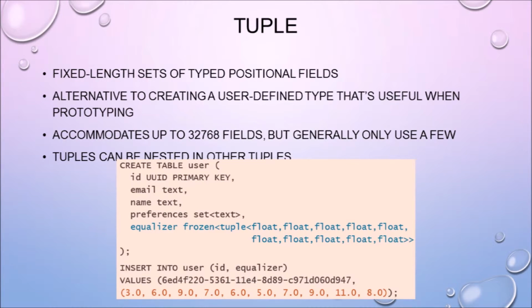Then comes tuple. Tuple is also another place where you can nest a collection within another collection. Let's say you want to record a series of numbers for whatever reason, then you use tuples like this. But with tuples, you pay a higher price, because every time you fetch a tuple, you're fetching the whole value.